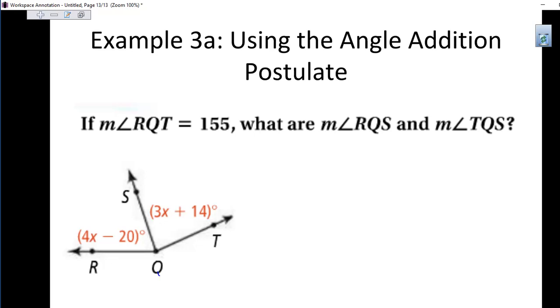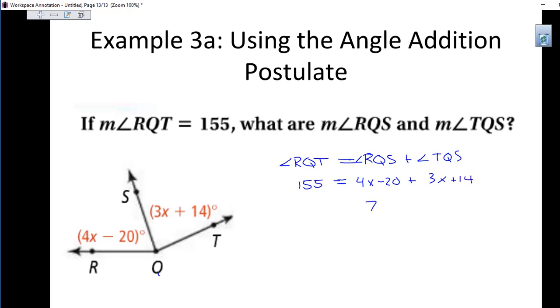So we'll take angle RQT equal to angle RQS plus angle TQS. Now you could have put the RQT over here, it doesn't matter. We're going to plug in 155. So we put this over here just to change it up a little bit. RQS is 4x minus 20, and TQS is 3x plus 14.